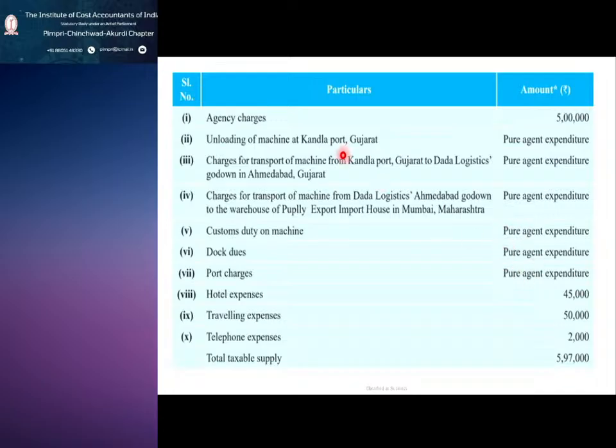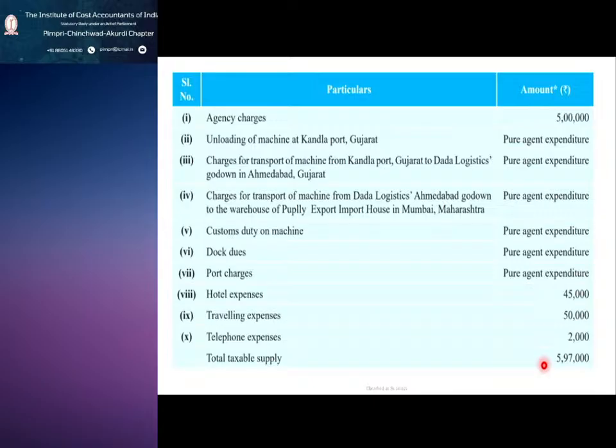Apart from that, even loading and unloading charges and transport of the machine from the Gujarat port to the logistics in Ahmedabad are also pure agent expenditure. So only this amount is the total taxable value. So it is matching, right?